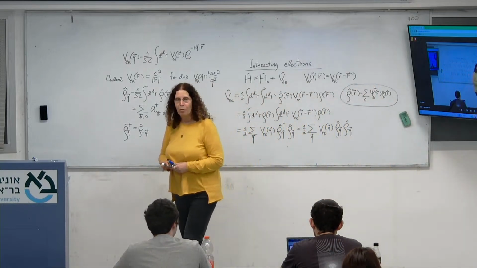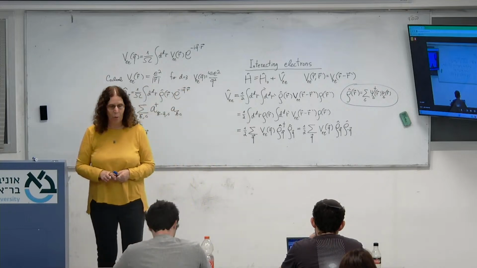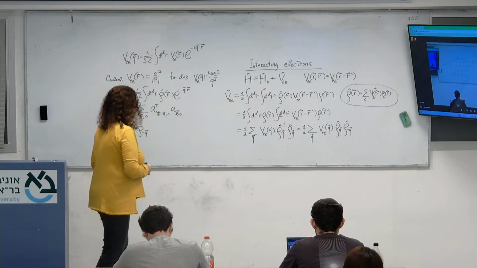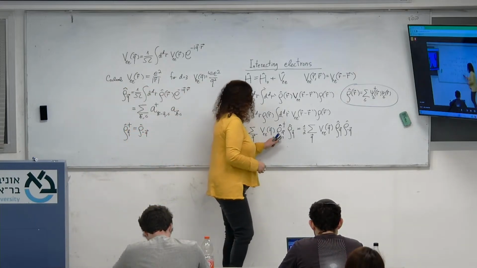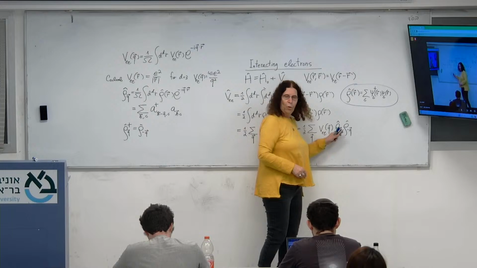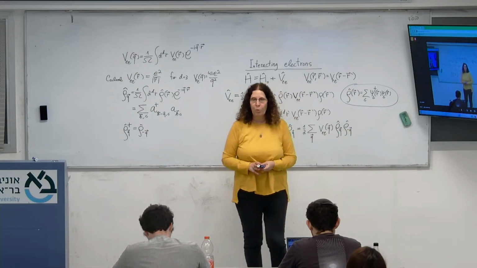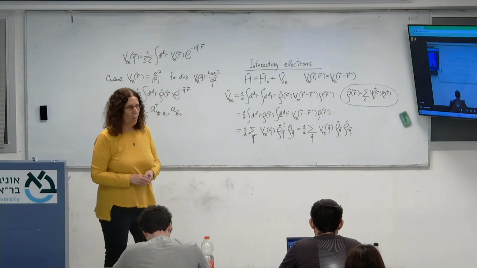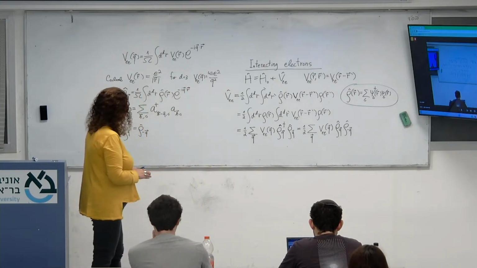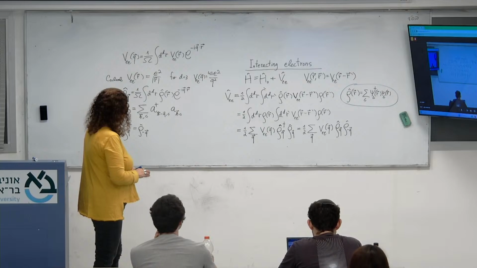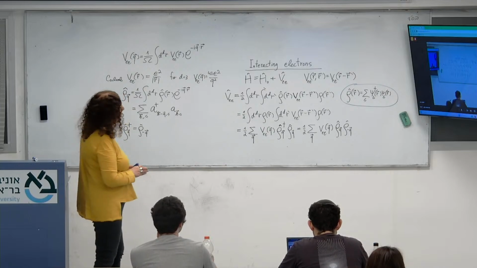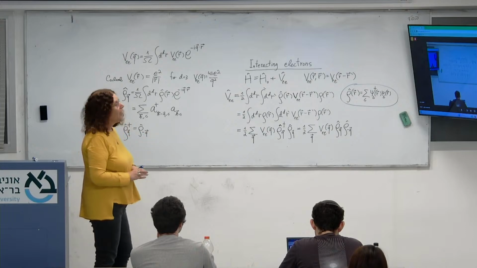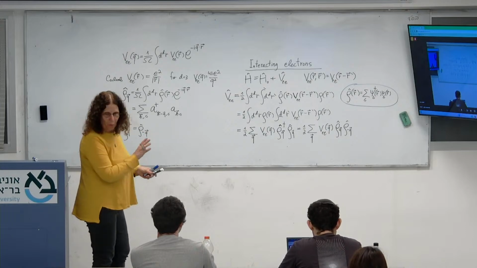Why am I allowed to do it? Because I'm summing over all q. So every q has a minus q. That's included in the sum, and also, of course, rho of q and rho minus q are commuting. Okay? Actually, we have to be careful. They're not exactly commuting, sorry.